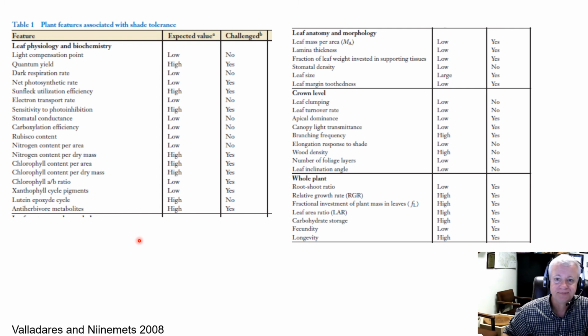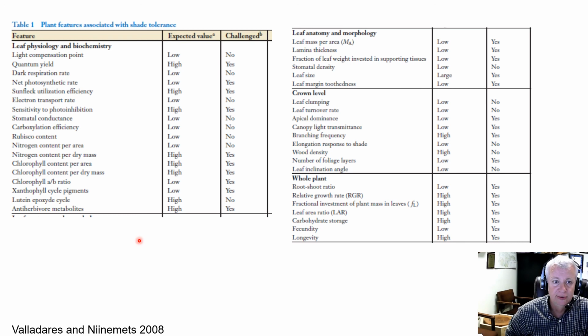One, it's important to note that these kinds of traits associated with shade tolerance vary across scales, from the biochemical and cellular scale all the way to the whole plant and stand level. That whole suites of traits at different levels are related to shade tolerance.